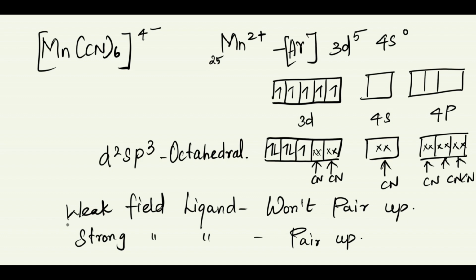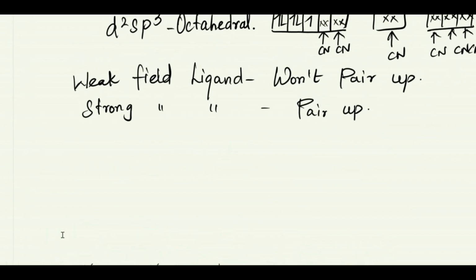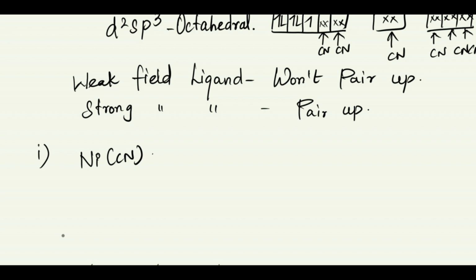Okay, so one thing you have to remember: weak field ligand won't pair up, but strong field ligands get paired up. Okay, so I'm giving you a few exercises. Just do it and let me know what is the hybridization and the structure. Okay, so the first one, Ni(CN)4 2 minus.